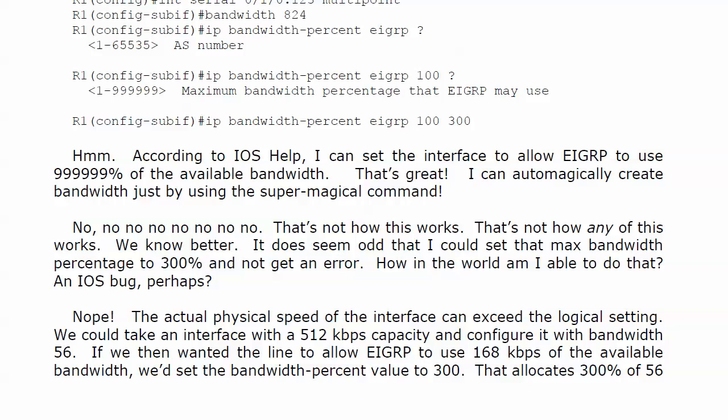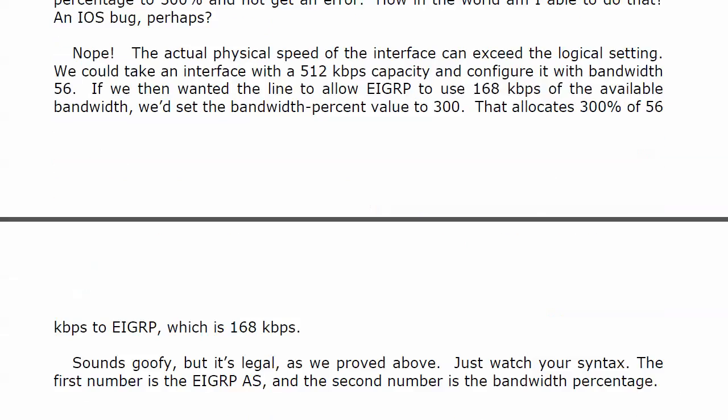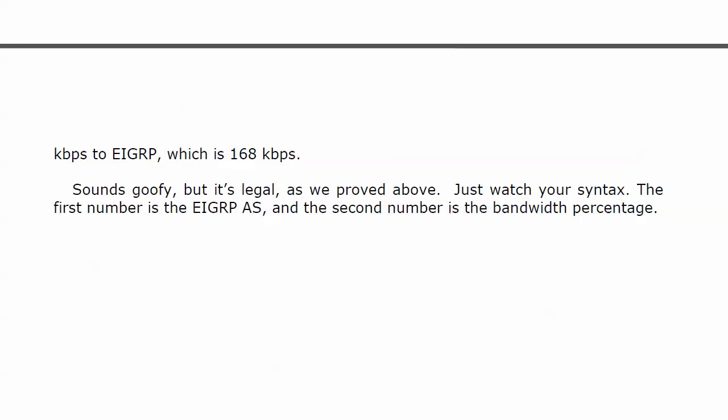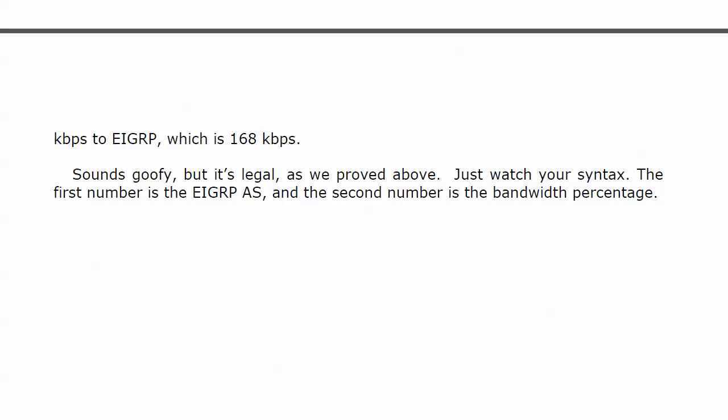We could take an interface with a 512K capacity, configure it with bandwidth 56, and if we then wanted the line to allow EIGRP to use 168K of the available bandwidth, we would then set the bandwidth percent value to 300. That allows 300% of 56K to EIGRP, which is 168K.